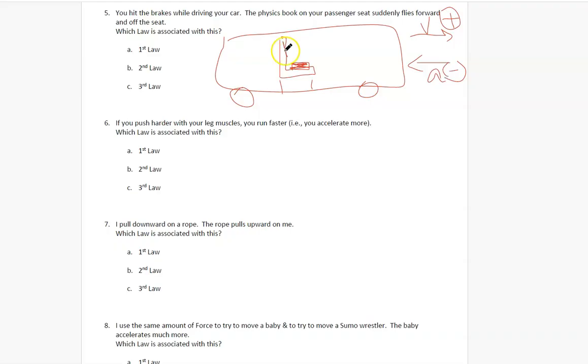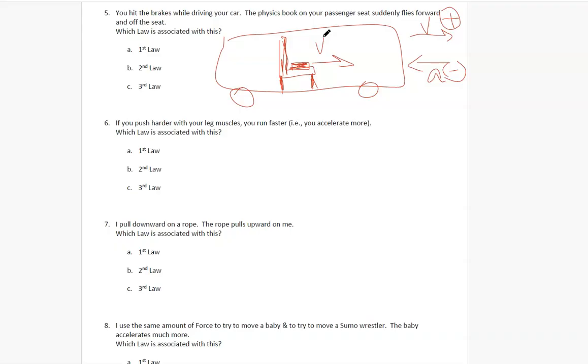The seat is part of the car. It is directly attached to the car. So when the car slows down, the seat slows down instantly. They're all one thing. But the book is not attached. The book continues to move with the velocity it always had and will fly forward.